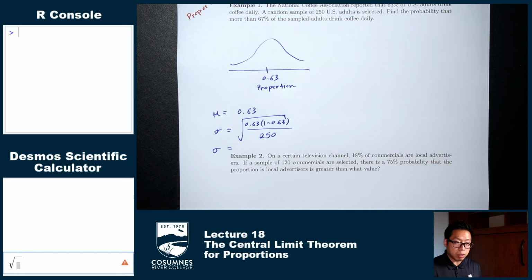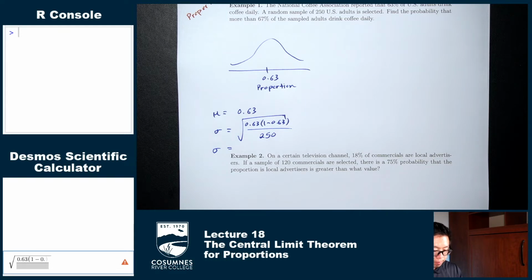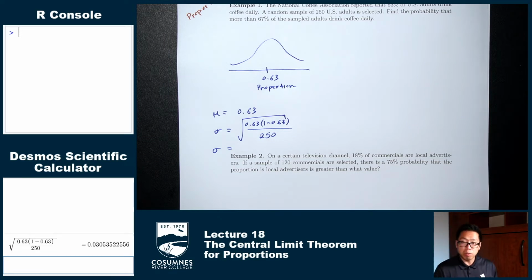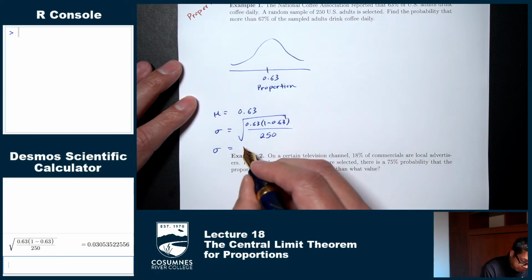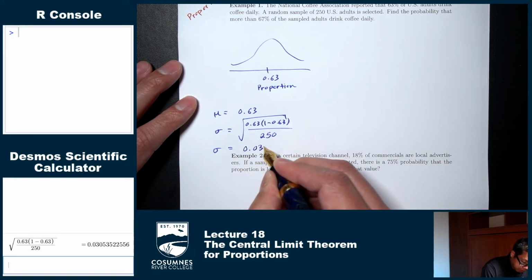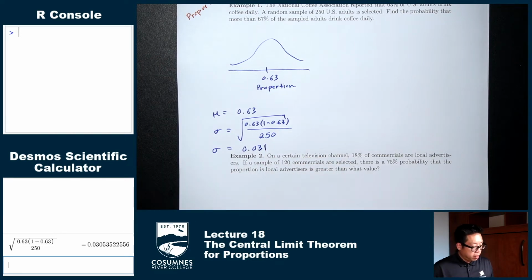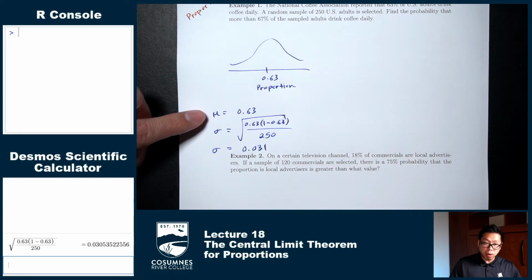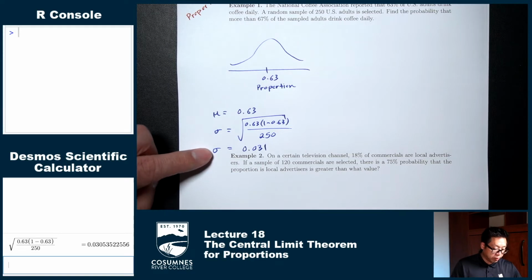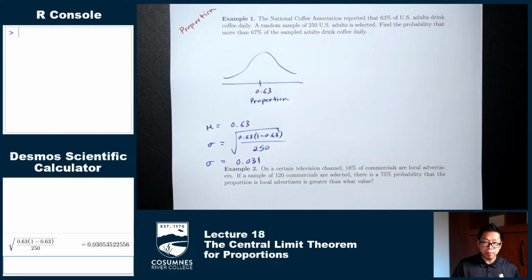Okay, so inside the square root, on top, it's going to be 0.63, parentheses 1 minus 0.63, on the bottom, 250. Okay, round to 3 decimal places, this is 0.031. Okay, so the mean we're going to use for this entire problem will be 0.63. The standard deviation will be 0.031.